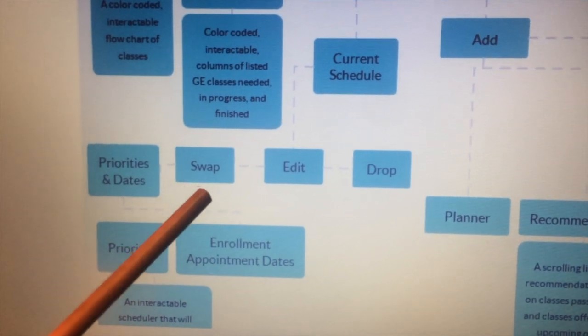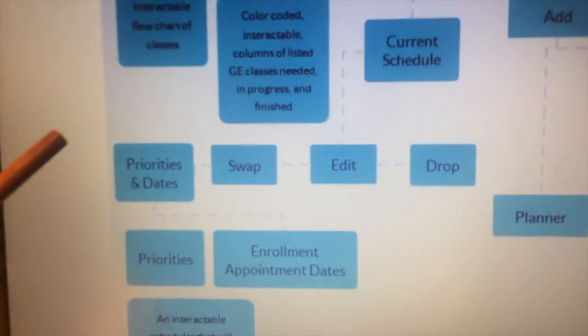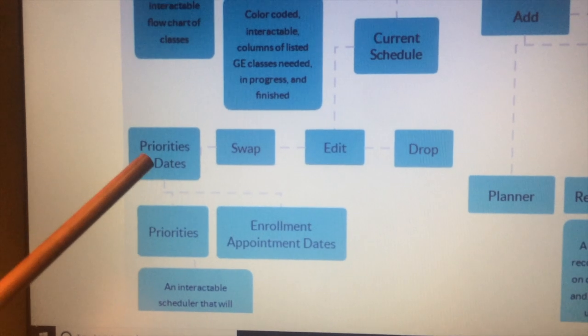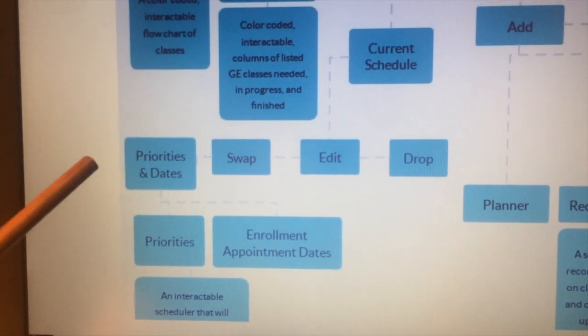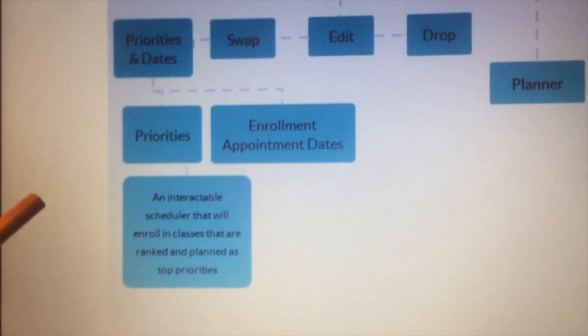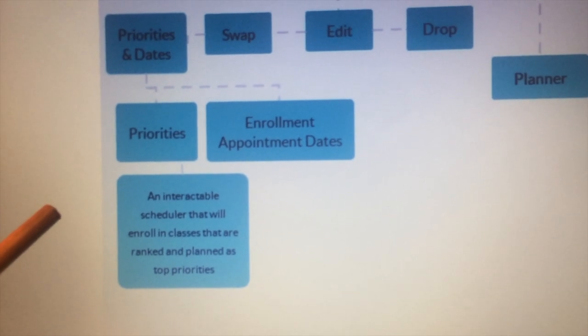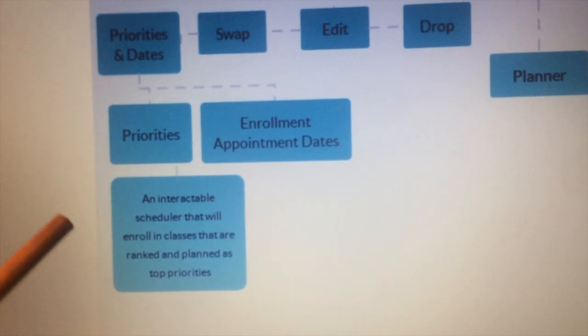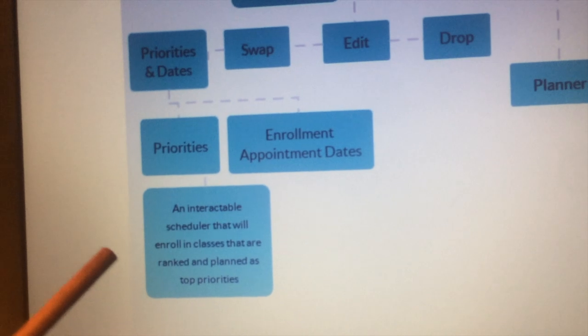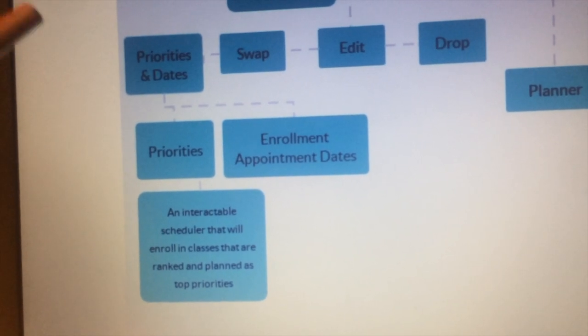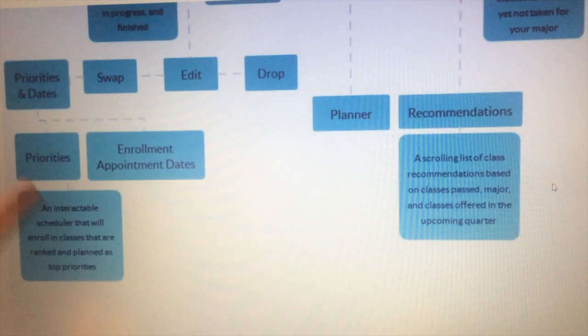Drop, edit, swap your classes. That seems logical. And then priorities and dates. Under priorities and dates, you can have an interactable scheduler that will enroll in classes that are your top priorities. So that way you can make sure that you get the classes that you need. That sounds logical and easy to find.